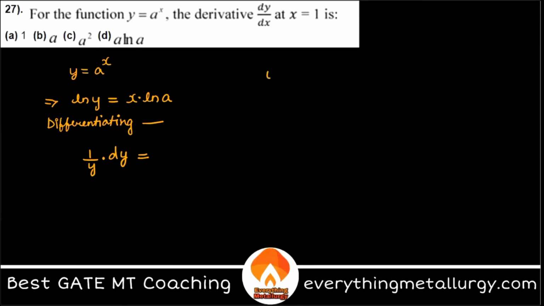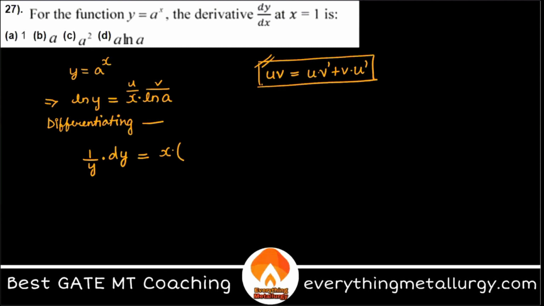this by the product rule. What is differentiation of uv? It is u into v dash plus v into u dash, right? So this is how you can use this particular formula. Let's take u to be x and v to be ln a. So u into v dash: x into the differentiation of ln a. ln a is a constant, so it is 0, plus v, which is ln a, into differentiation of x, which is 1.